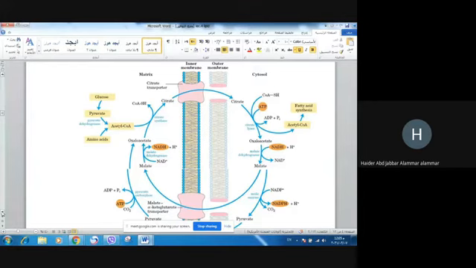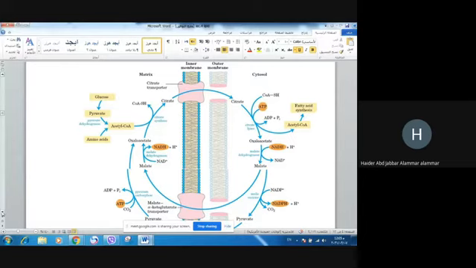As you see, the intermediates of the citric acid cycle start with citrate, oxaloacetate, malate, oxaloacetate, etc. And this cycle repeats itself again and again. Acetyl coenzyme A binds to oxaloacetate to form citrate.